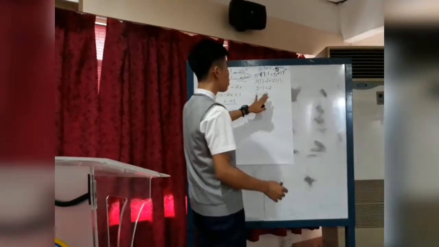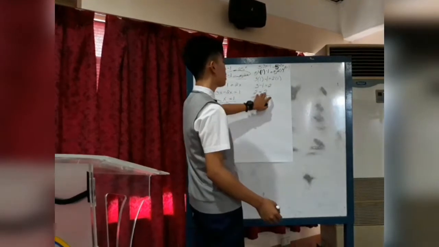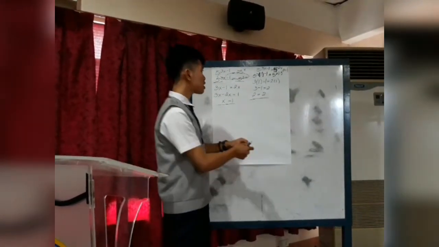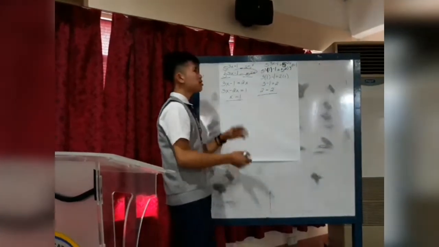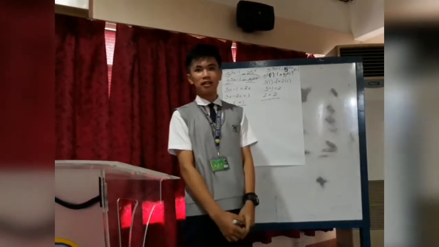So 3 minus 1 is equal to 2. If you get the same number on both sides, in that way you should know that your problem is correct.